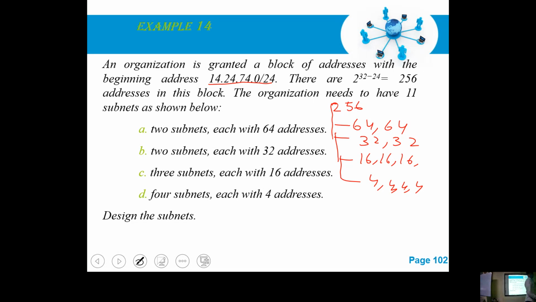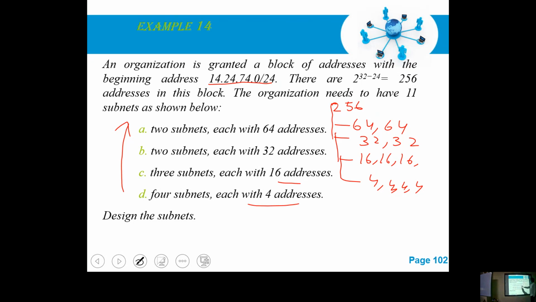Find the first address and 63. Okay. In that case, can I go from this direction?